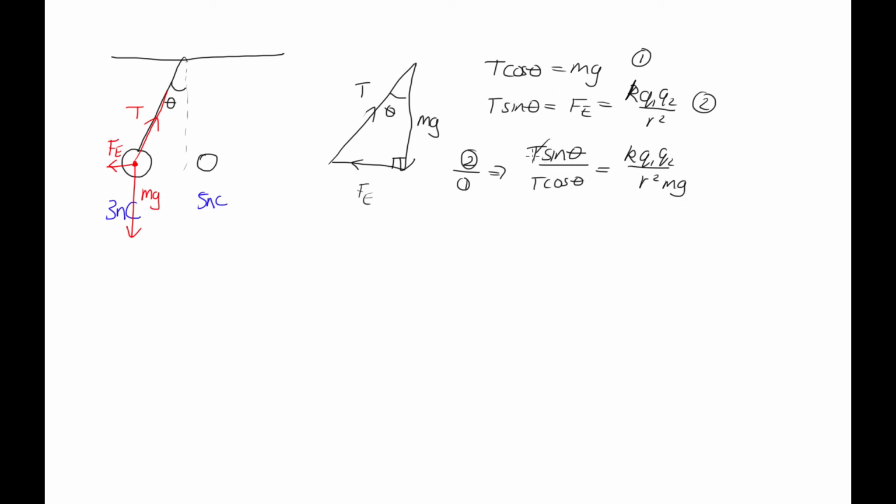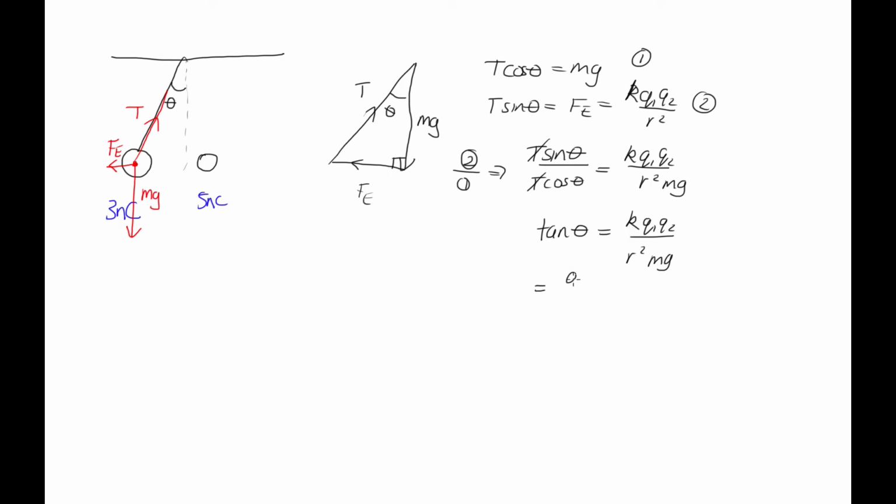And you can see the T's then cancel out. And we know from trigonometry that sin theta over cos theta is equal to tan theta. So we've now got an expression for theta. Tan theta is equal to k Q1 Q2 over r squared mg. And now we can just evaluate this because we know what all these things are.